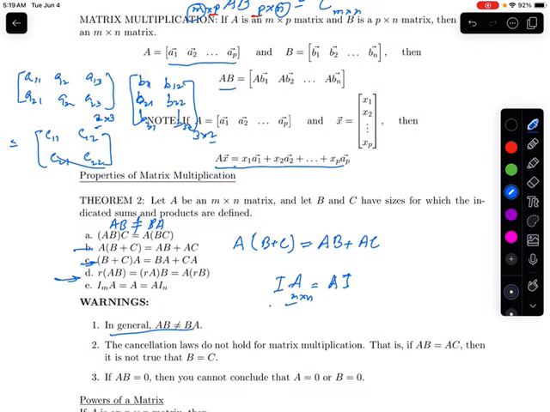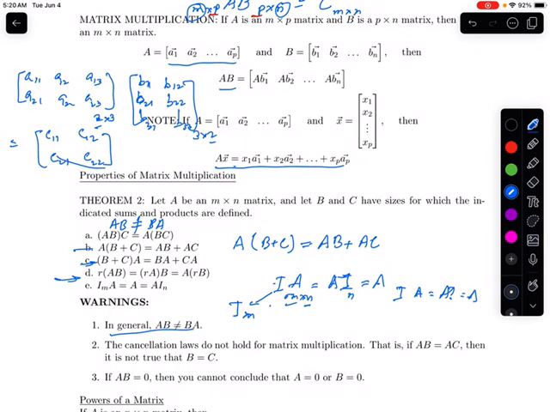But since the identity matrix is a square matrix, I have to take the m by n as the order of A. So this I should have the order m. It should be I_m. And when I multiply the matrix from the right, it should match the number n, so it should be of order n. But both ways we get A. But if A is a square matrix, then we can just simply write A is equal to AI is equal to A.